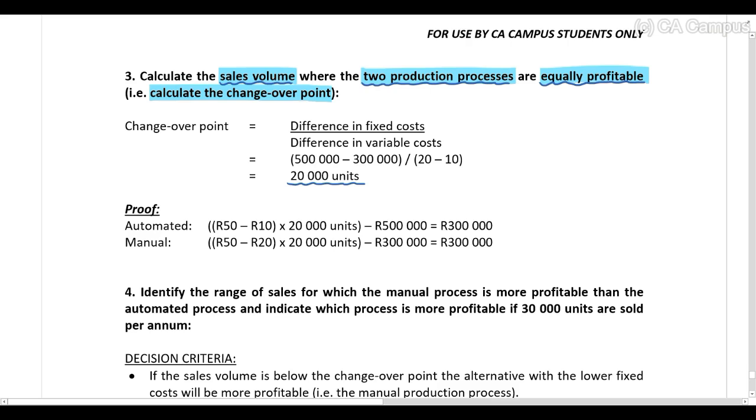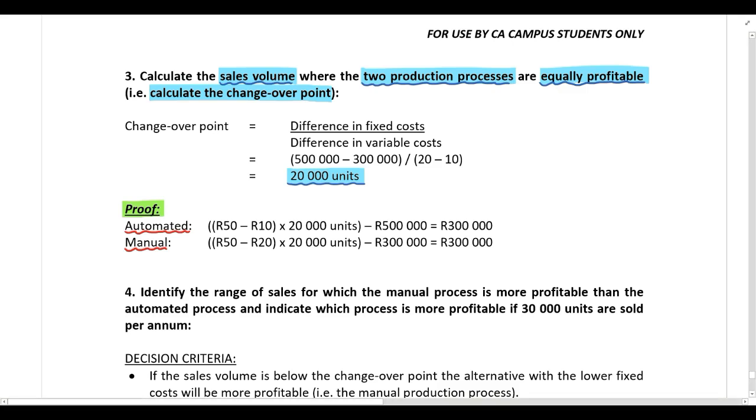So that means if Freeman Limited produces 20,000 units, it doesn't matter if they use the manual production process or the automated production process, because at this output level, profits will be equal. And you can see I've also included a proof for you over here. I've calculated what the profit will be if the automated production process is used and what the profit will be if the manual production process is used.